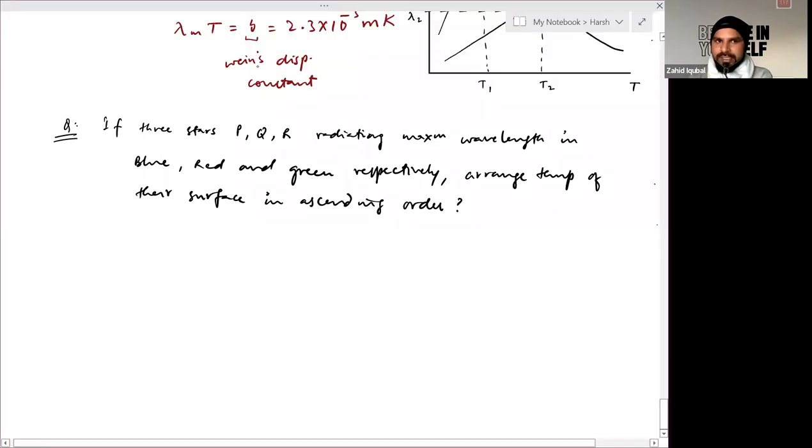We have three different stars P, Q, R, which are radiating maximum wavelength of radiation in blue color, red color, and green color. Is it clear? Yes, sir.